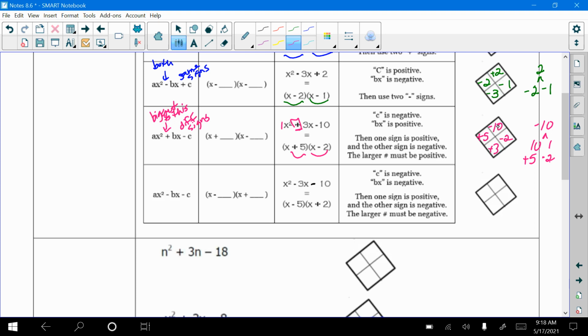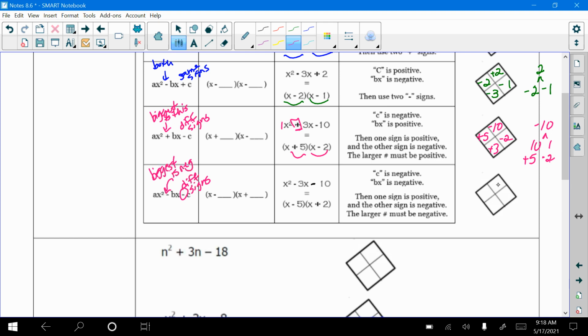The next one, I have the negative here means different signs because of that. But this one tells me that the biggest is negative. Here the biggest is positive, here the biggest is negative.